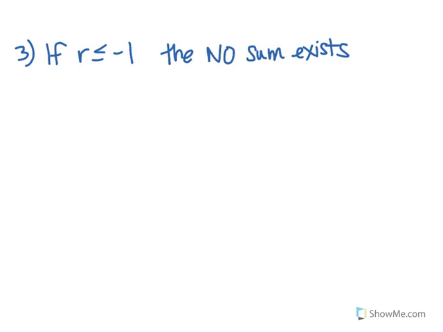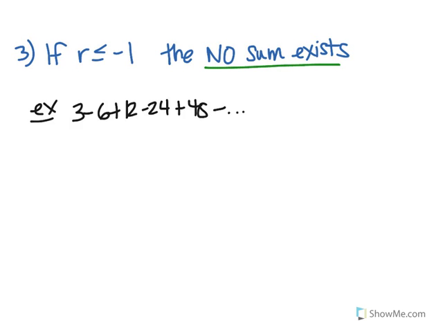Alright, and here's the last case. You have an infinite geometric series, and what if your common ratio is less than or equal to negative 1? What ends up happening is no sum exists. So here's an example. I have a sequence 3, then negative 6. It looks like I'm multiplying by negative 2 to get from one term to the next.